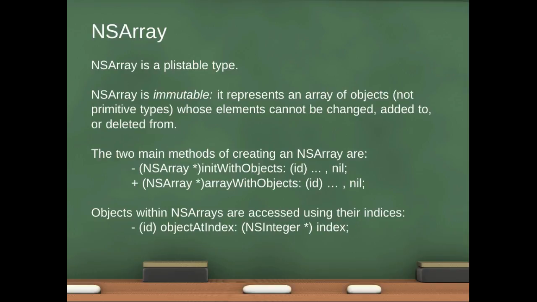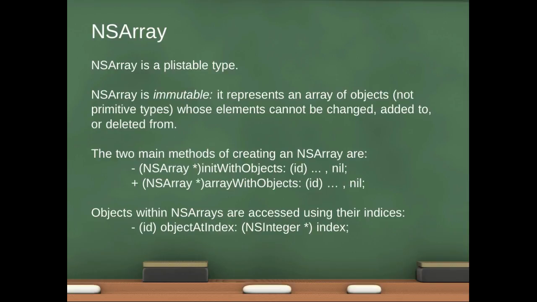NSInteger is an alias for int, pure and simple. It's a primitive type. So that pointer there before the parentheses, that's a mistake on my part. That should not be there. And then the index is, of course, the integer index of that object within the array. And that will return an object that corresponds to that indexed object in the array.